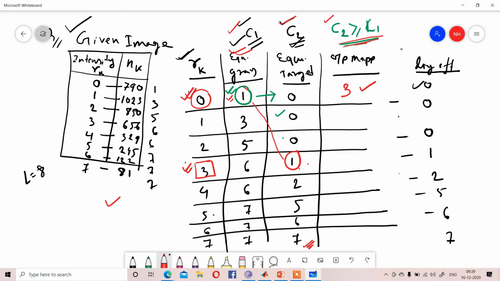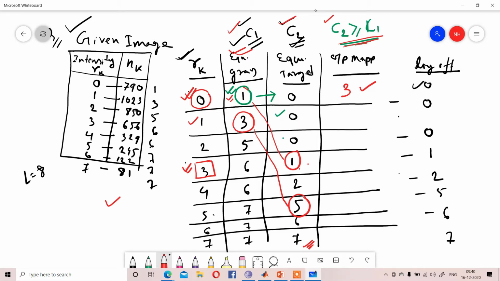Now come to intensity level 1 for the given image. For that intensity level, you have 3. Now 3 will be matched starting from the initial position. You can check that 3 will be matched with 5, because 3 is greater than 2, condition not satisfied. 3 is greater than 1, condition not satisfied.